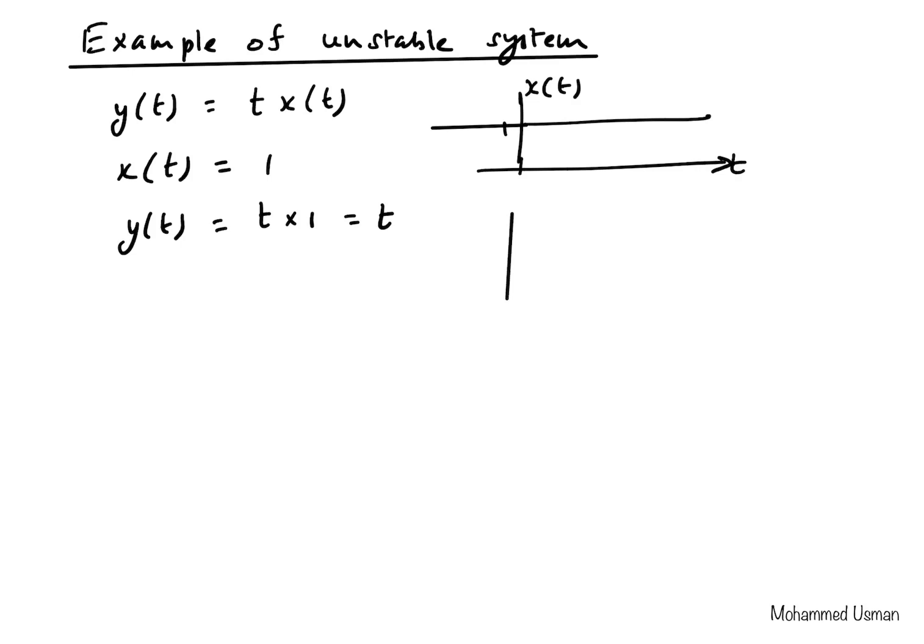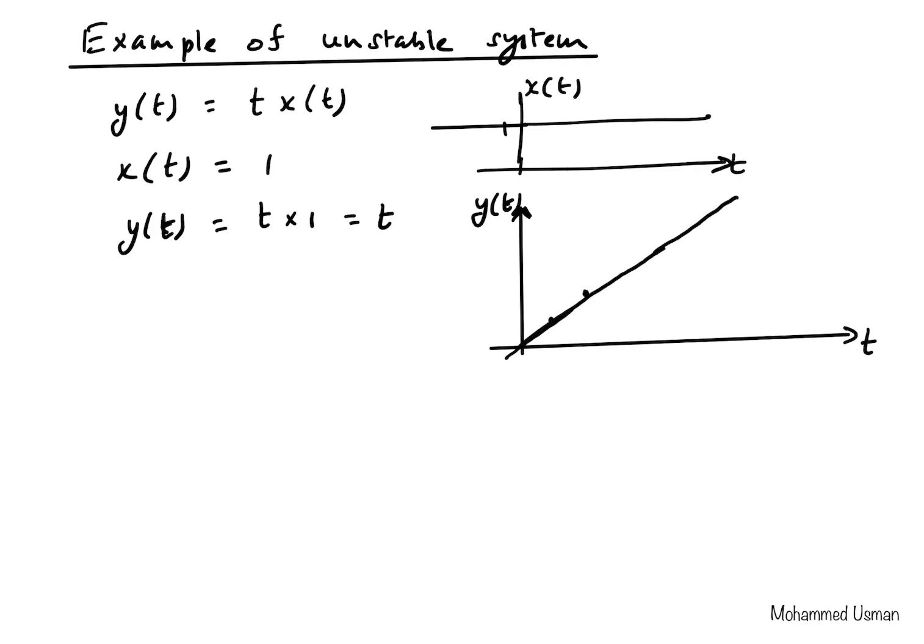If we plot t on the x-axis and y of t on the y-axis, then when t equals 1, y of t is 1, and when t is 2, y of t is 2. So it's going to be a line like this.